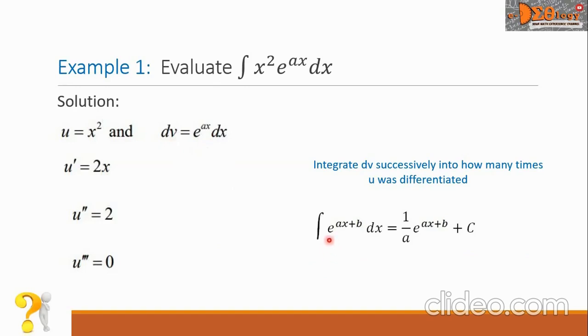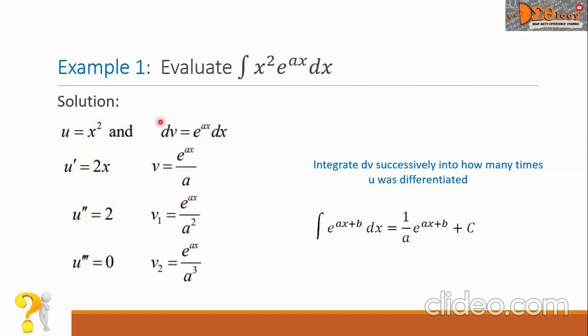The integral of e raised to ax plus b dx equals 1 over a times e raised to ax plus b, then plus c. But we know that for this topic of integration by parts, we will not write the plus c yet. Let us now start the integration.